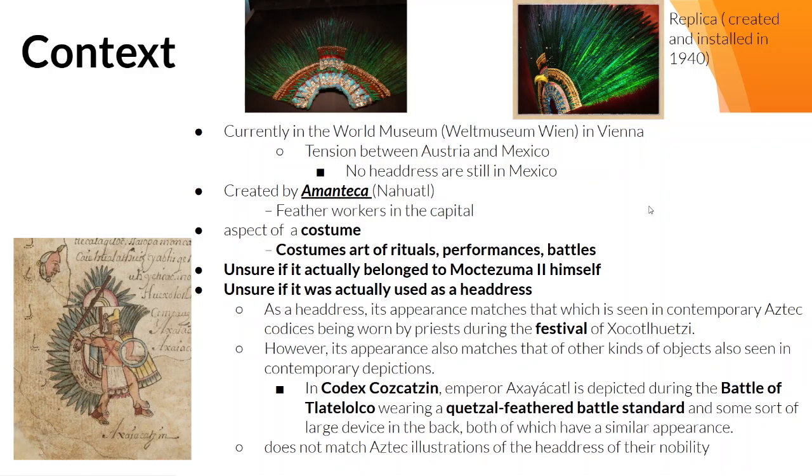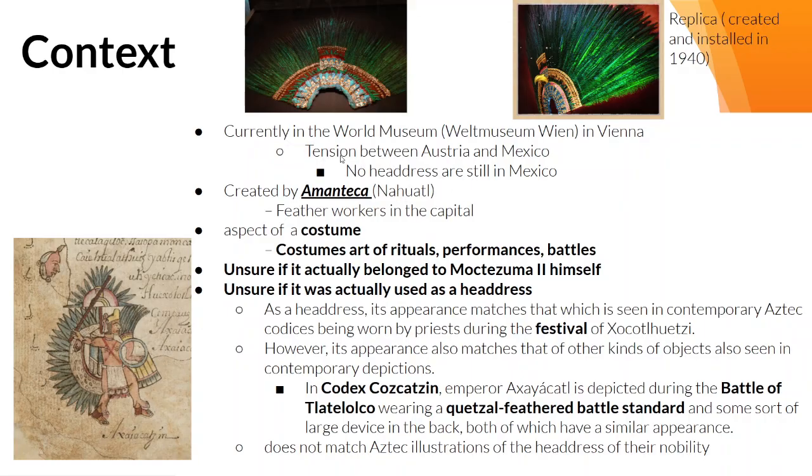Context-wise, here's the replica with the bird beak on it. We're looking at a Mexican piece of an Aztec leader that was super important to the foundation of Mexico. Remember the whole eagle, cactus, snake thing? Aztec connection there. And yet the headdress is currently sitting in Austria in Europe.